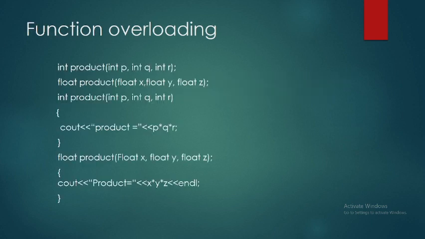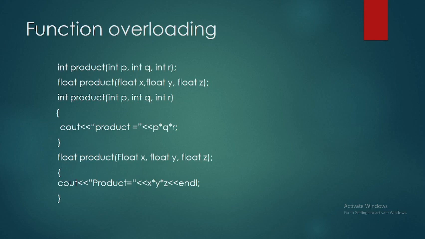Function overloading. Now, this is a very important aspect in OOPS because in complex programs, you have one function name but various numbers of arguments and different types of arguments, which make your code more readable and easier. Here, product is the function that is being overloaded. There are int and float return types of the product.